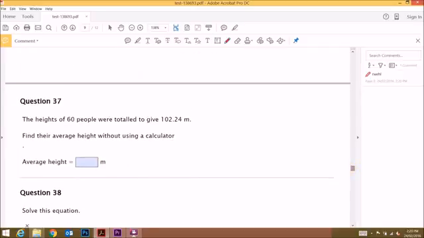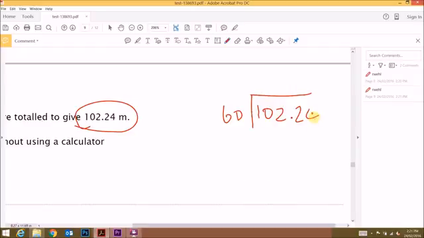37. We've got the heights of 60 people that total 102.24. Find their average height. If I was to write an algorithm that looked like this, although you can do it, it obviously makes it a lot more difficult. What I can do is get rid of that 0, and then move my decimal place once to the left.